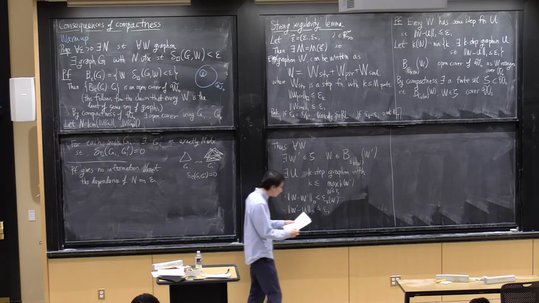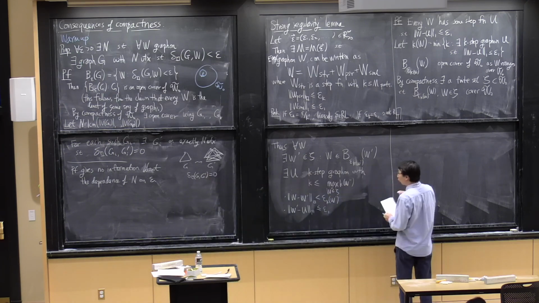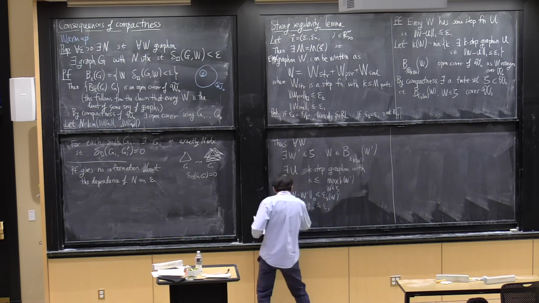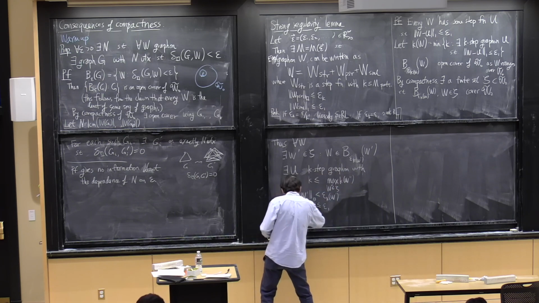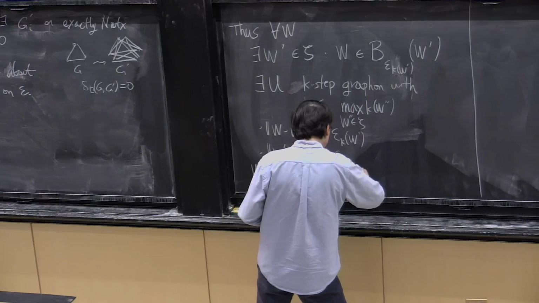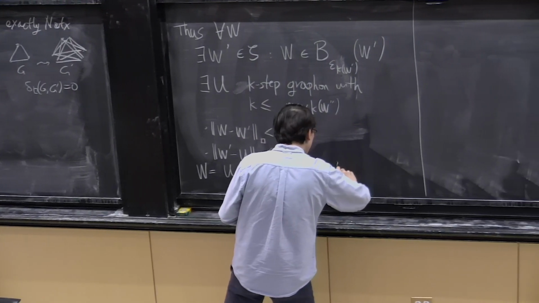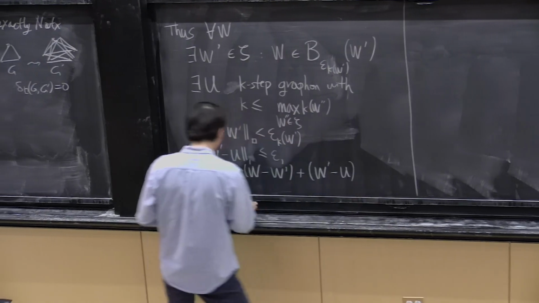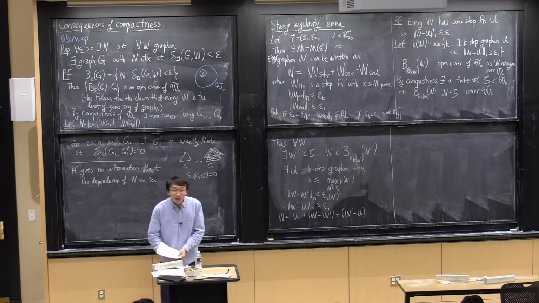Suppose we now write W as U plus W minus W prime, plus W prime minus U. We find that this is a decomposition that we're looking for.